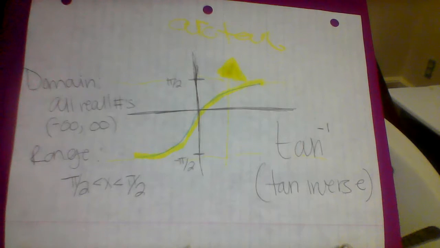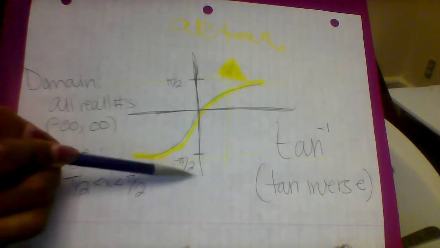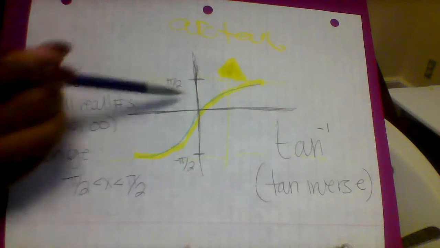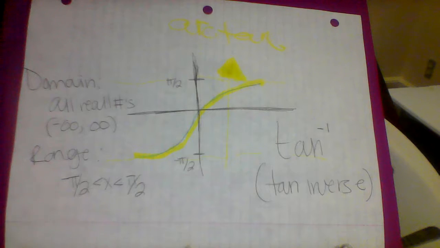So we could say the domain is all real numbers, or if we were supposed to put it in interval notation, negative infinity to positive infinity. And now for the range, you just look at all the y's. So it goes from negative pi over 2 to pi over 2. And then you write that in interval notation just like this right here.